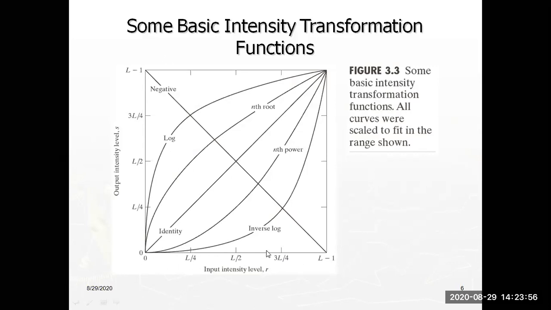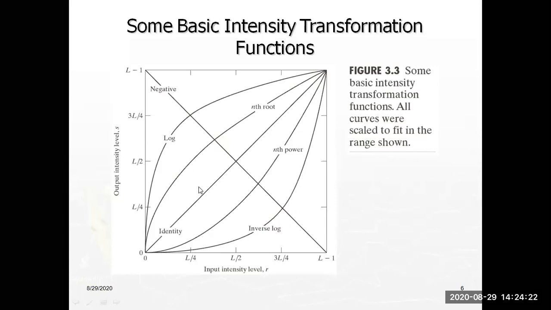So for suppose, let us consider 0 to 255. That means 256 levels of grayscale, input side 256, output side also 256. But let us consider the input pixel value is 3, and the output side will definitely not be 3. After transformation, it may be 6, maybe 2, maybe 9, maybe 10.